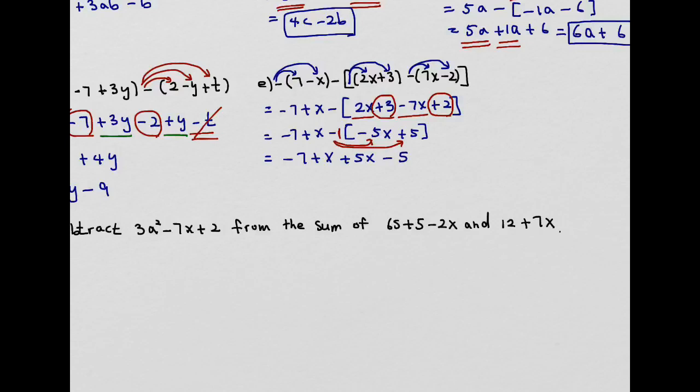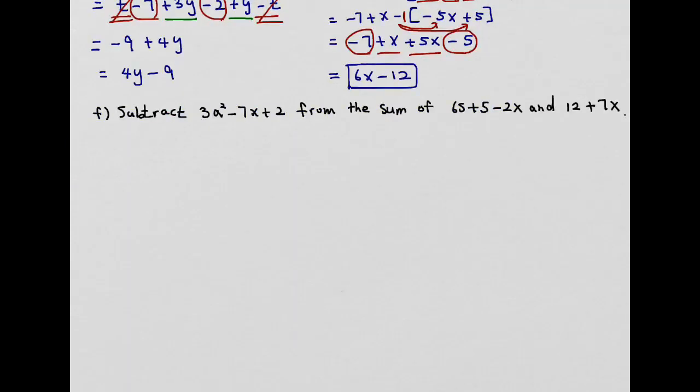So when you're distributing negative, your sign changes to the opposite. Now no more parenthesis or bracket. Let's see if we have like terms. I have x and 5x, negative 7 with negative 5. So I get 6x and negative 12.